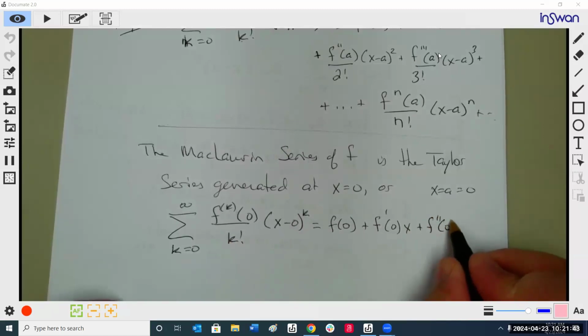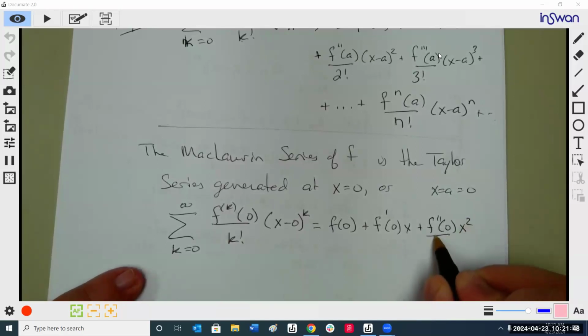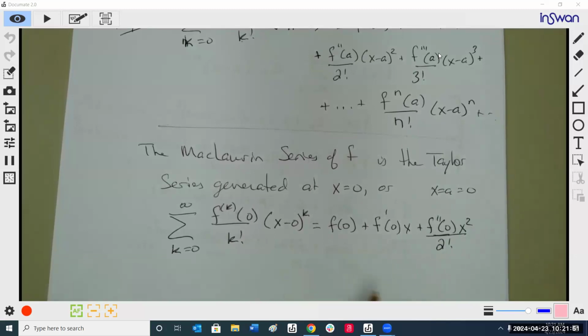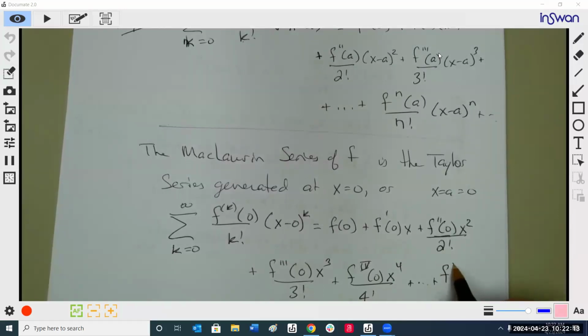At 2, so it's f''(0) x squared over 2 factorial. 3 is going to be x cubed over 3 factorial. F4 at 0 is going to be x to the 4th over 4 factorial. F to the n at 0, x^n over n factorial.